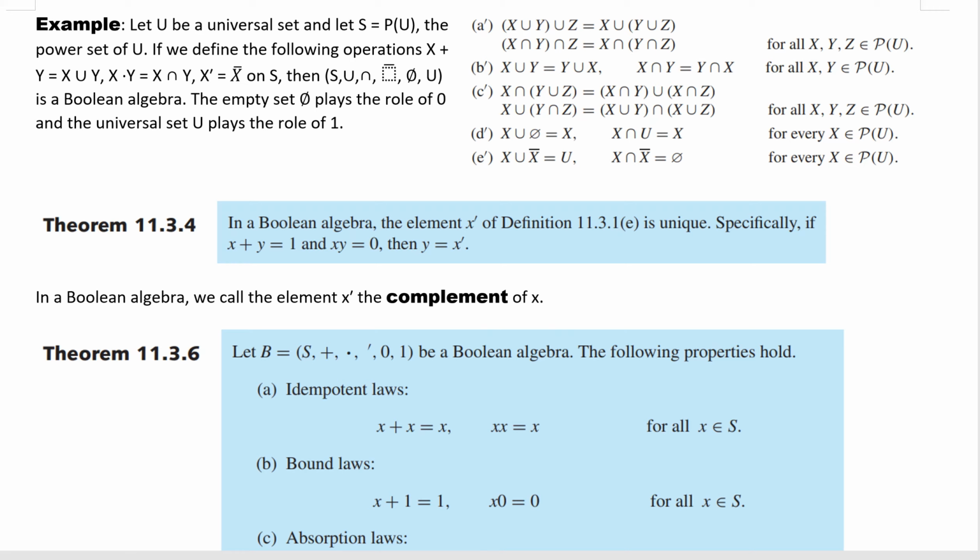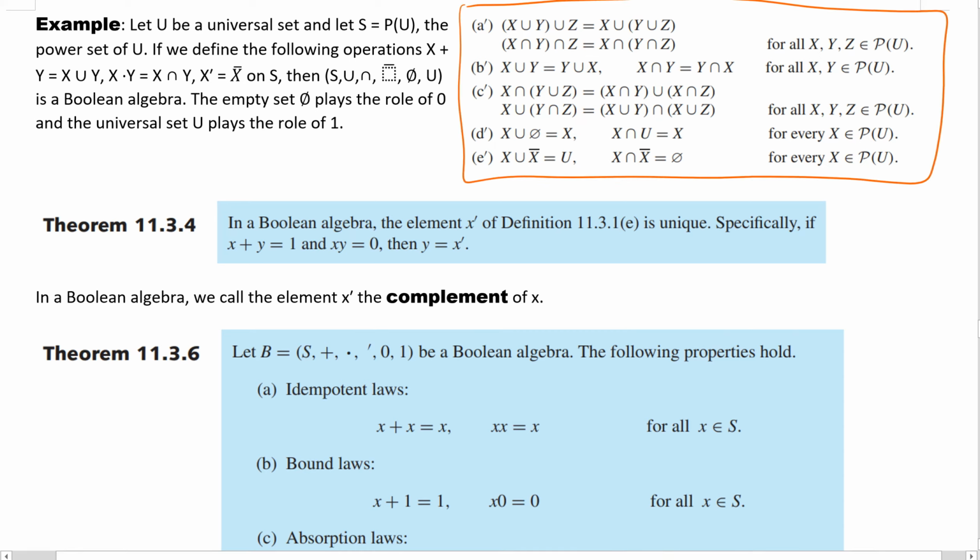The empty set plays the role of 0 and the universal set U plays the role of 1. Because remember the set operations, we talked about all of those laws. Those are exactly the laws of Boolean algebra. Next theorem. In a Boolean algebra, the element x prime is unique.